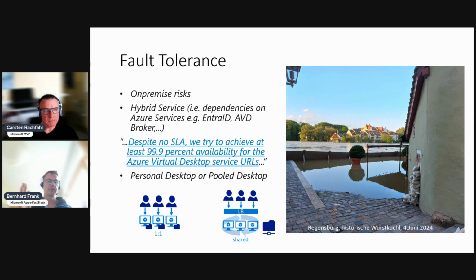Most of the time in these scenarios, my user data, my local data, my profile data is stored on a central file share. I may not need to secure the desktops themselves because they all look the same and I can spin them up somewhere else, but I need to provide the profile data at the alternative location. So that's a different way of thinking. With the first one, the personal desktop, you have to think about a backup strategy, right?